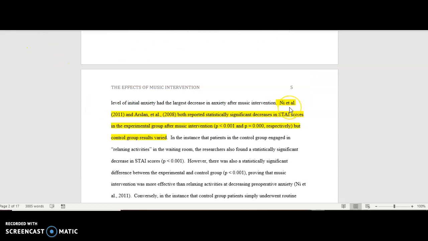Here's another example of synthesis, showing that in these two studies, Knee and Arson, they both reported statistically significant decreases, and they gave me the p-values respectively. So I am going to expect to see some statistical results if you're using quantitative articles.